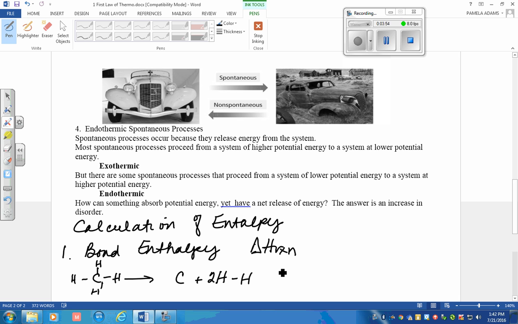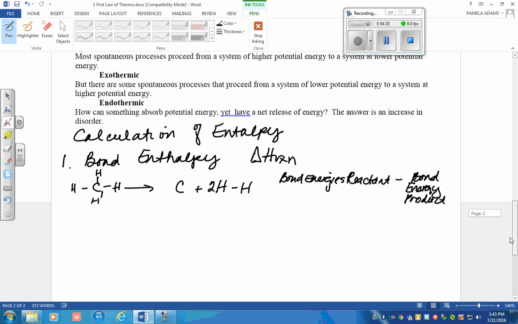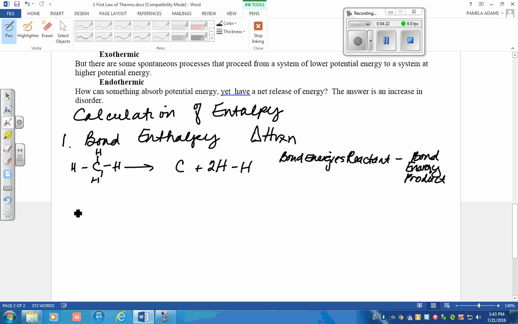This is the only oddball in all of these that we will talk about, and you take the bond energies of the reactants and subtract the bond energy of the product. In every other case that we will talk about, it is the opposite. This is the oddball. Got that out of the way quickly.